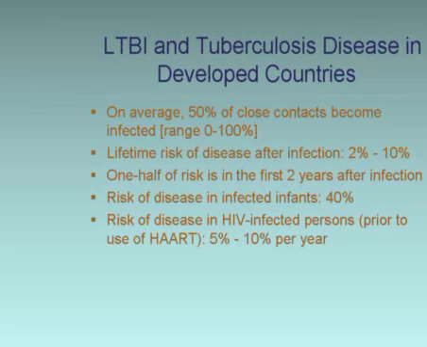So on average, 50% of close contacts become infected. Okay, of course, the range is 0 to 100. You're either infected or not infected. But say you have a person who's positive, you've admitted somebody to the hospital, or you've diagnosed them in the clinic, and their sputum is positive with TB. There's 10 people living in that household.